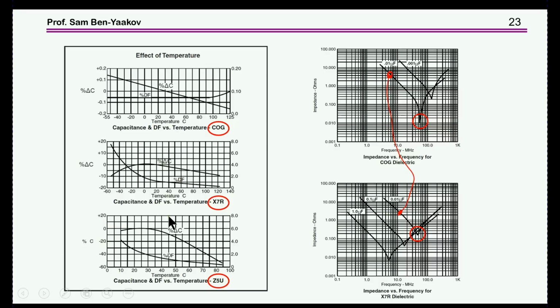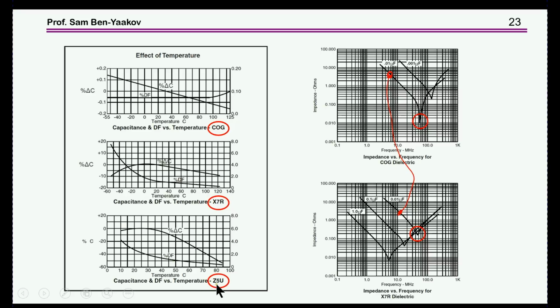And here we see the temperature effect of some capacitors. Here is the COG, which is fairly constant, and the change is in the 0.1% range. Here is the X7R, and this is in the 10-20% range.